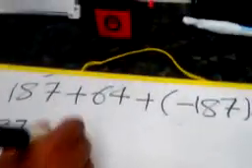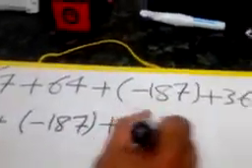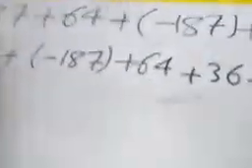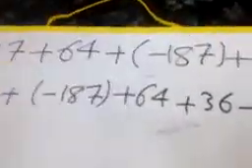We'll put 187, plus negative 187, plus 64, plus 36, and we will say commutative property, because we exchange the places of 187, 64, and negative 187.